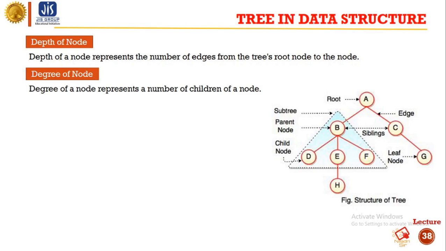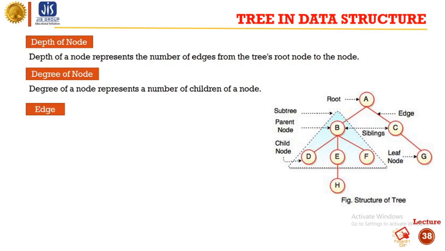Node B has three children, D, E, and F, so the degree of B is 3. Node C has one child, so the degree of C is 1. The four nodes D, F, H, and G have no children, so their degree is 0.